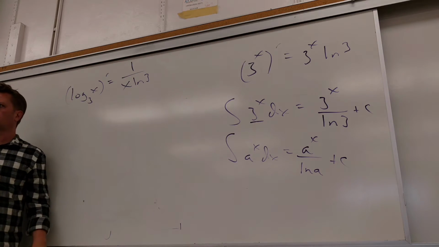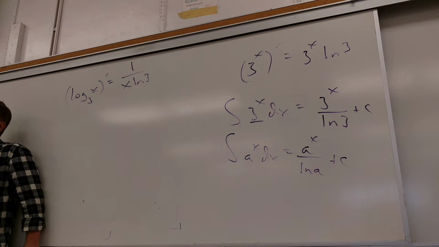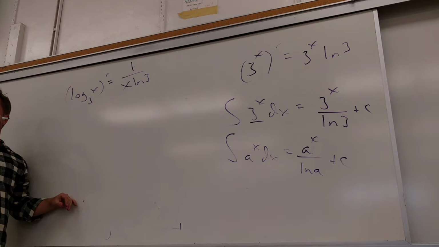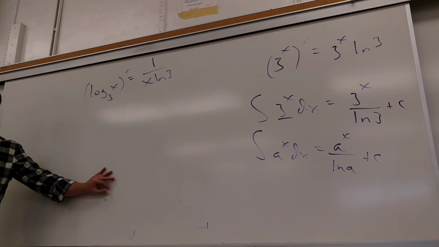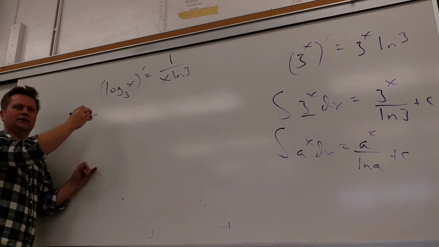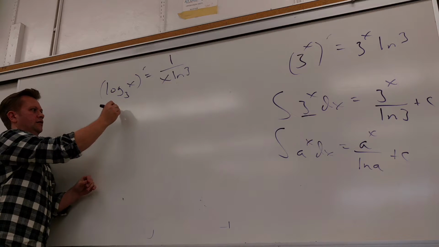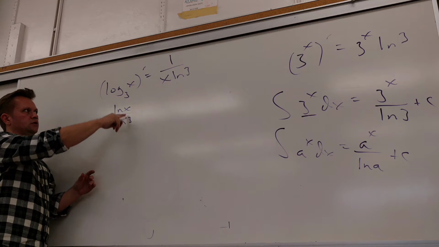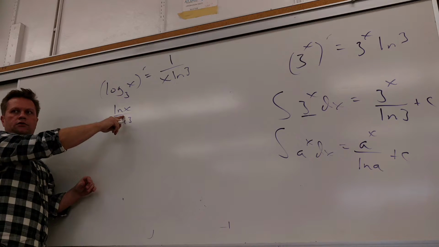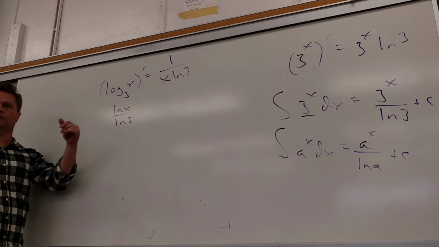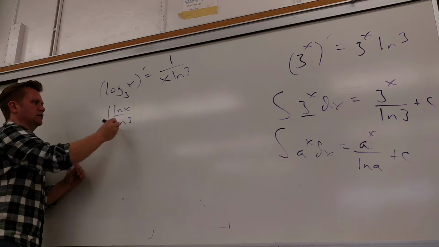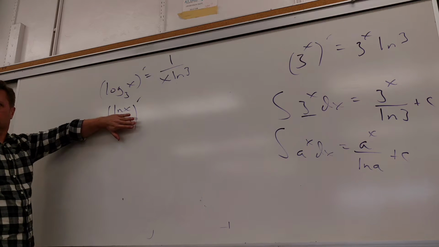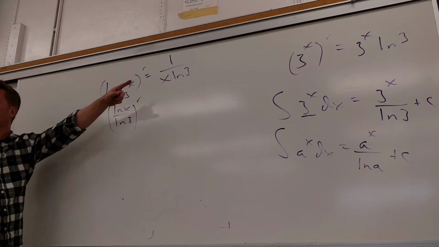Does anybody remember change of base? Not ace of base, change of base. Base on the bottom, base on the bottom. So you can always take any logarithm and change the base to an e or a log 10 if you want to. So really that's what that is. And what's the derivative of this? Well, 1 over ln 3 is just a constant. And what's the derivative of ln x? 1 over x. Yeah, so that's what that is.